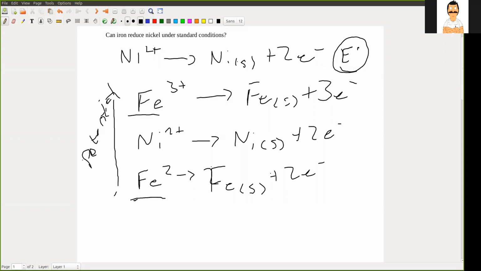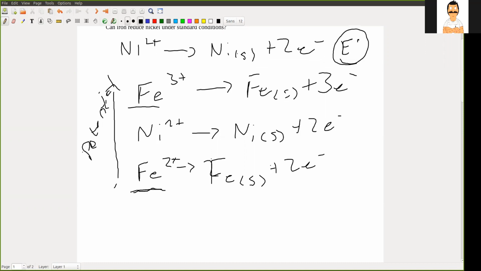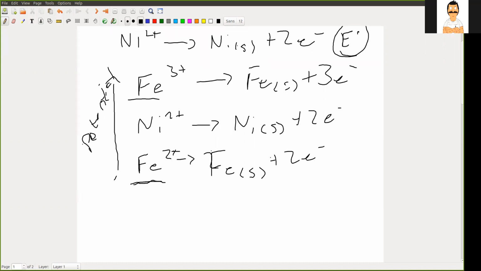So in this case, because of the order in which it occurs, the iron 2 plus will be able to reduce nickel 2 plus, and nickel 2 plus can reduce iron 3 plus, but iron 3 cannot reduce nickel.